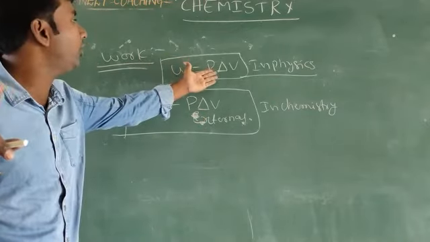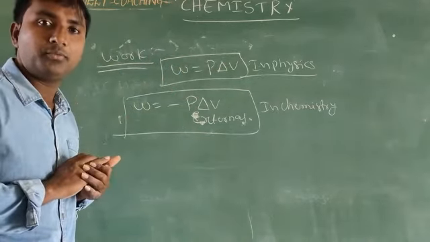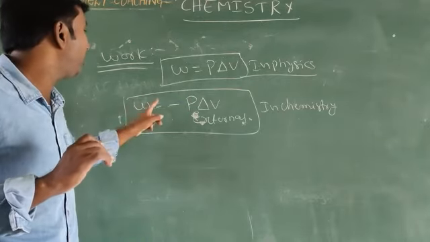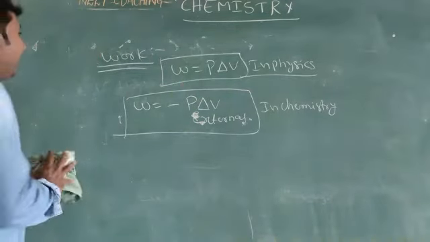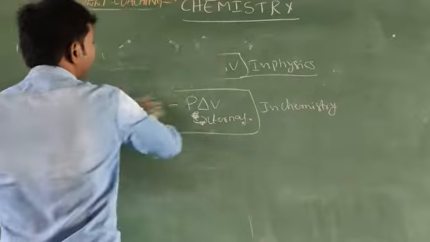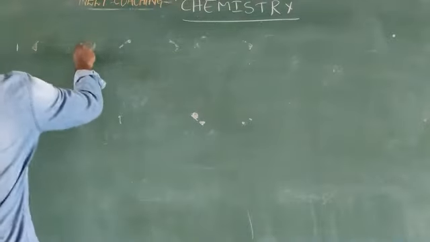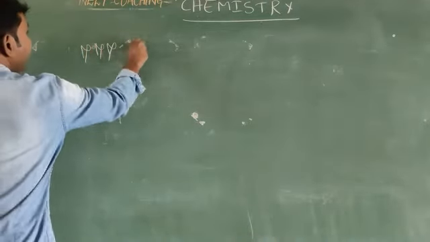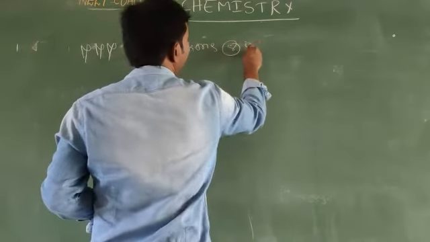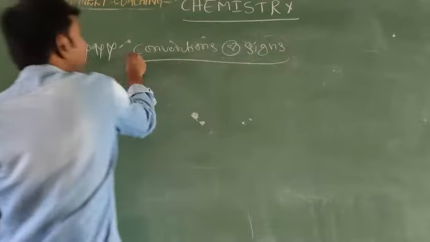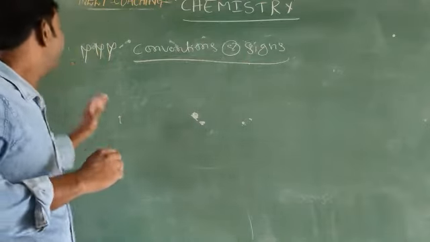In physics, W equals positive P delta V, while in chemistry, when calculating problems, you should take W equals minus P delta V. Signs and conventions are very important. So chemistry is completely opposite to physics, right?